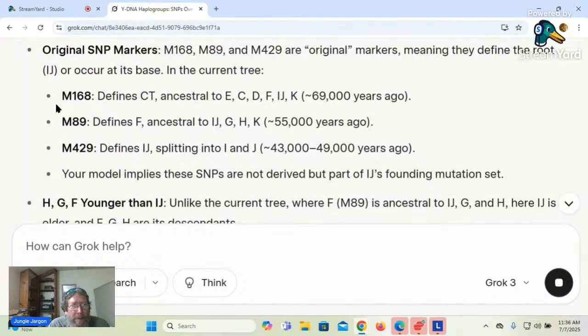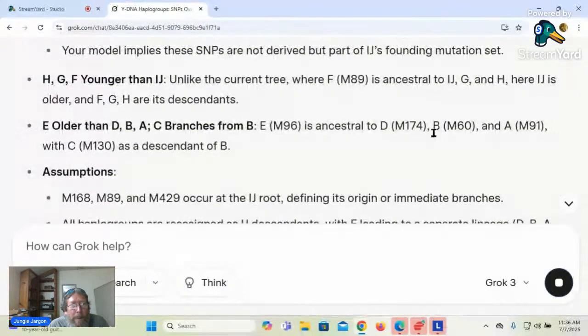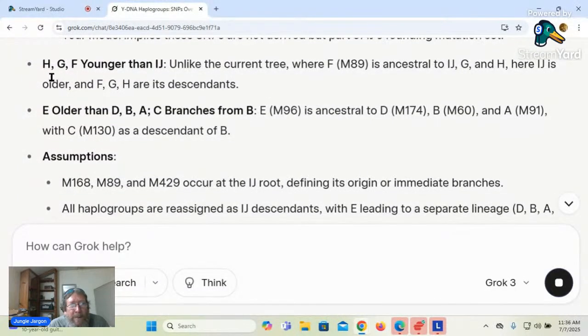Okay, we start at M168, M89, and M429. There we go. Original markers, meaning they define the root, IJ, or occur at the base. Right. I had to explain it to him. H, G, and F, younger than IJ, right. I don't want to know about the country.